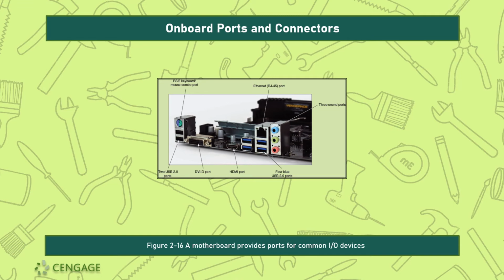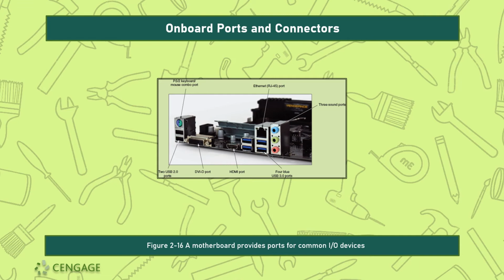So here we can see the I/O shield removed and just the various I/O devices exposed for a Vengeance style motherboard. This is a Corsair Special of some kind. You can see that there are sound ports. There's 3 instead of 6. This is probably a micro ATX.